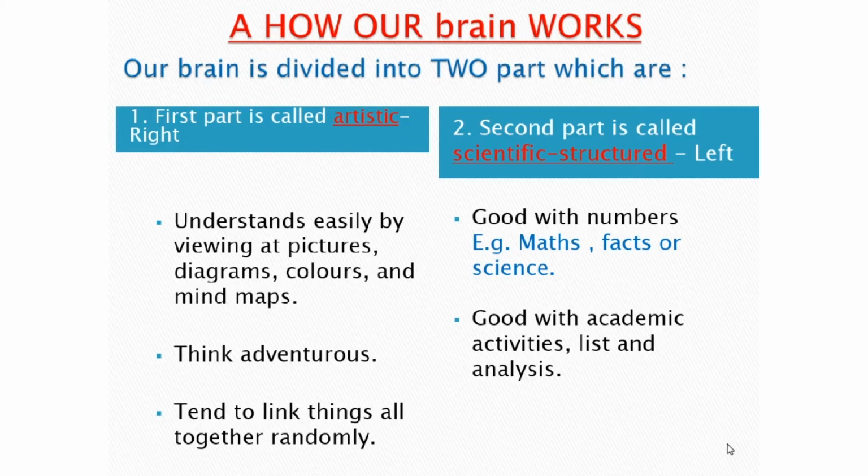It is that part of our brain that learns as well as understands easier by viewing pictures, diagrams, colors, or mind maps. So you learn or understand easily by simply viewing pictures. You can simply understand anything that's in the form of pictures, diagrams, etc.